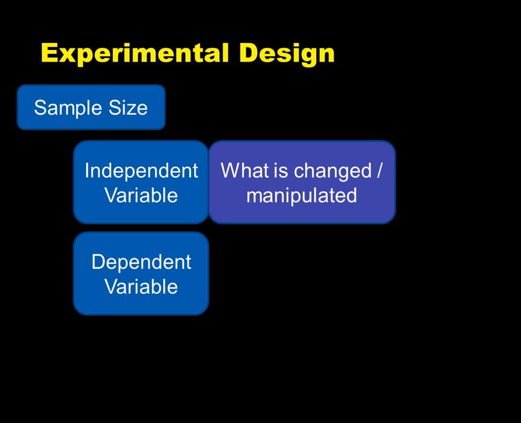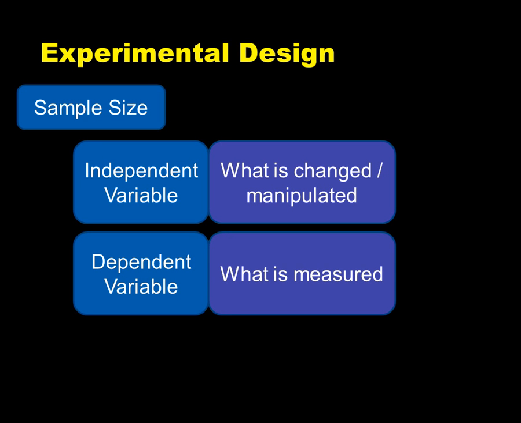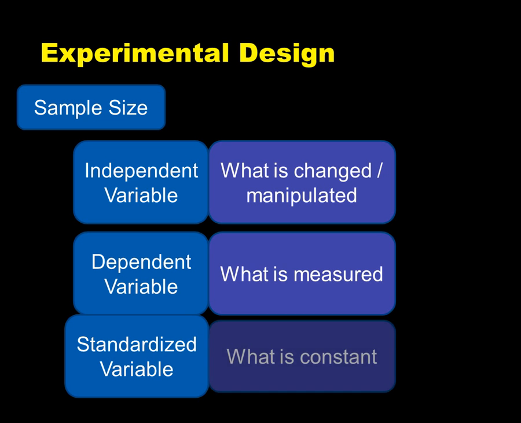There must then be a dependent variable. And the dependent variable is actually what the scientist would measure, where the data is actually coming from. We'll give some examples in just a moment. So the independent variable is what's being changed. The dependent variable is what is being measured. There's also something called a standardized variable.